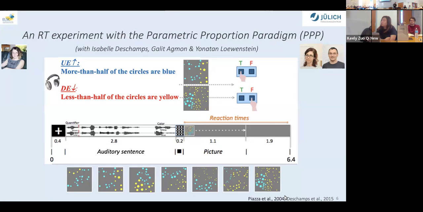That's the basic intuition. So what we did, we had these two types of sentences, and we measured reaction times. And each of these two types of sentences was presented many times with any of these 7 proportions.